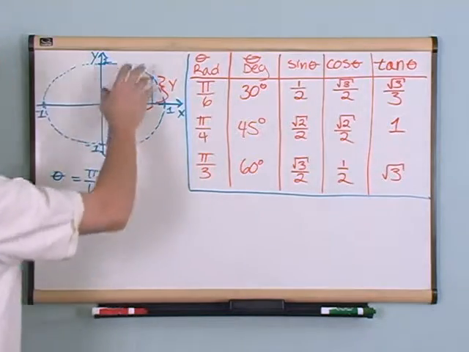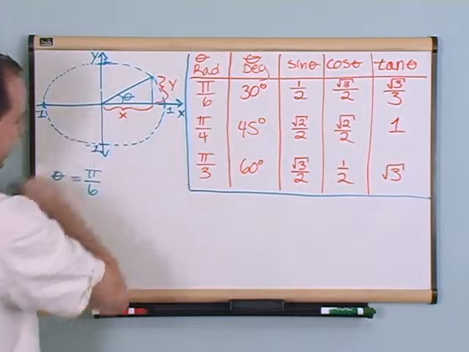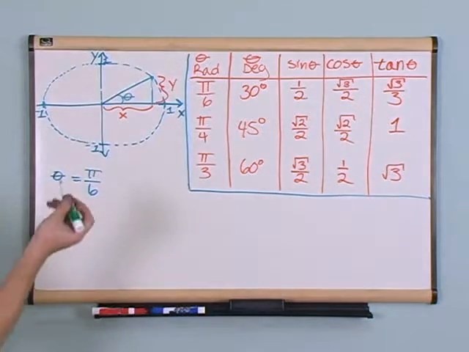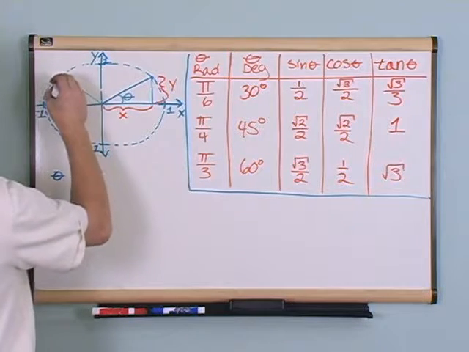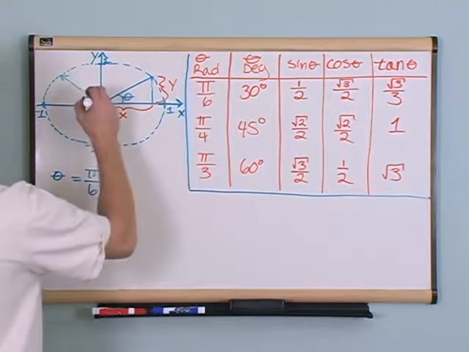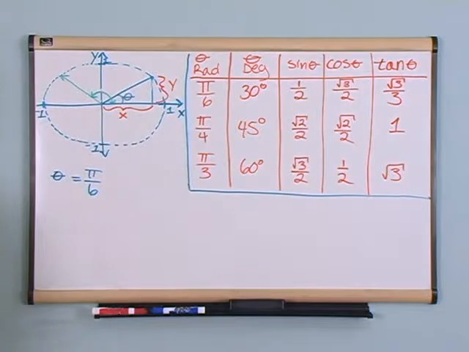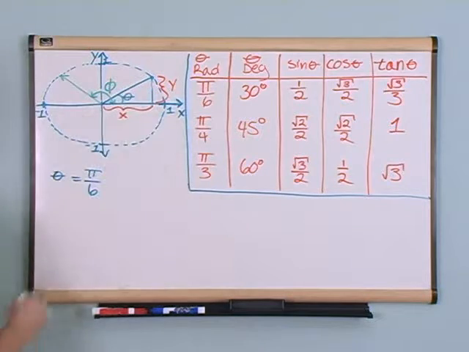Now notice in this quadrant, y is positive because I'm going up, and x is also positive because I'm going to the right. Let's say I had a different angle, operating over here. The angle here is this right here, and I'm going to define this angle by another Greek letter called phi.